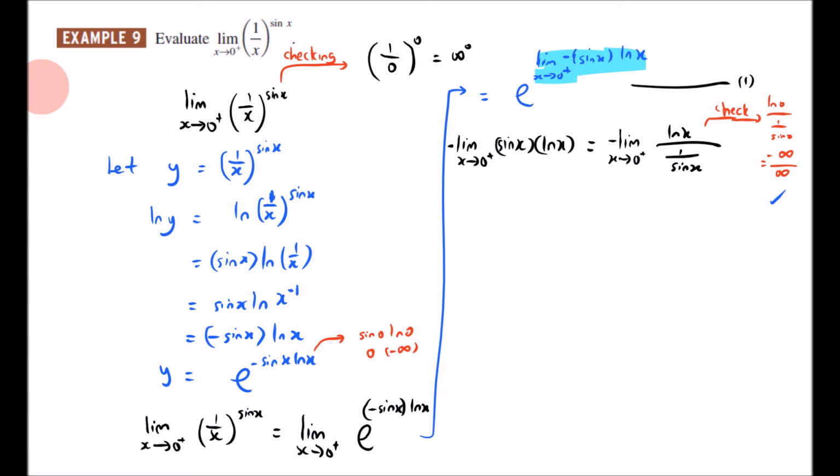So we just say equals to negative limit, ln x prime over, now 1 over sine x is actually cosecant x, right?